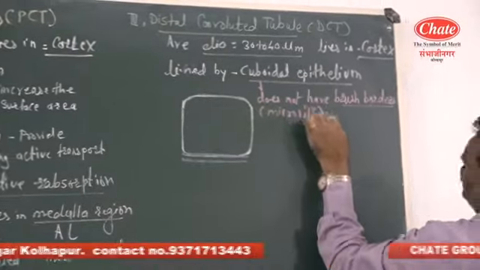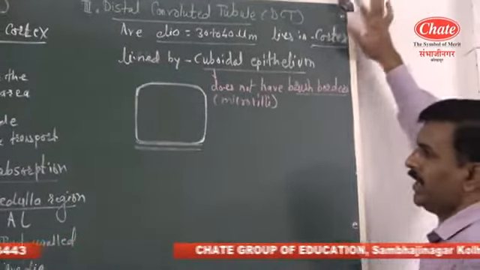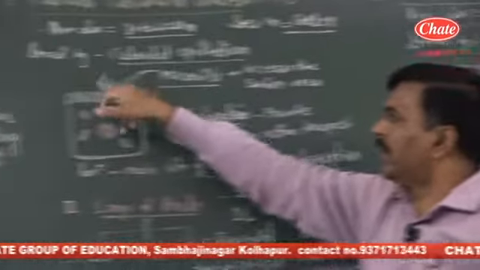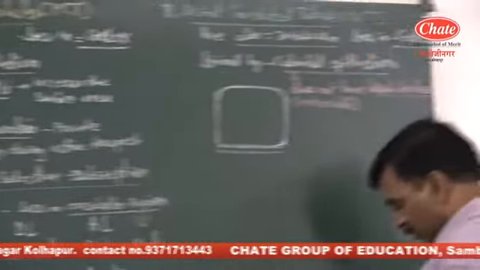So microvilli are absent in this cuboidal epithelium. We can observe the microvilli in the PCT, here we cannot observe the microvilli.